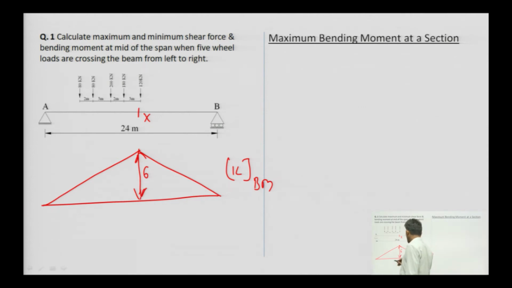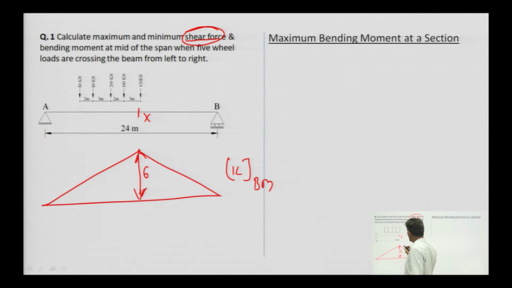If you compare the steps with what we did in case of shear force, in case of shear force it was simple, but here, since we are getting exactly a positive sign, it is a little bit tedious.